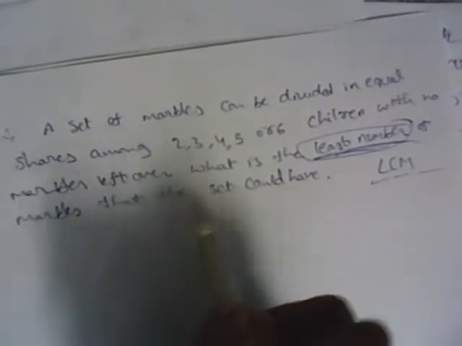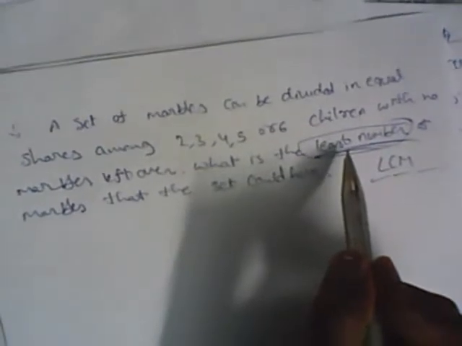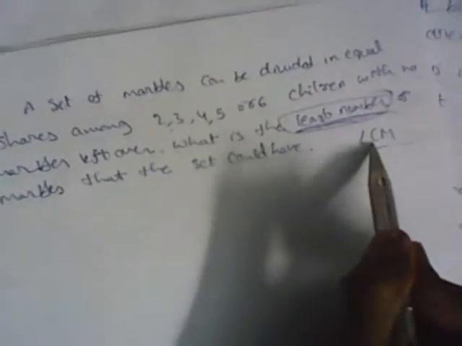So as they asked in the question, what is the least number, the idea is least common multiple here. So we need to follow the LCM concept.